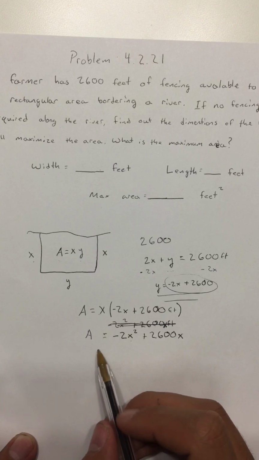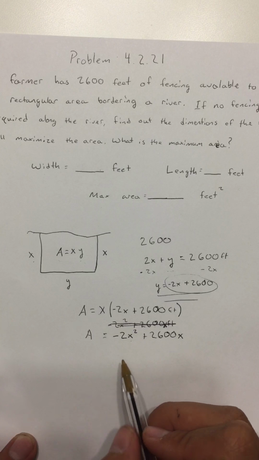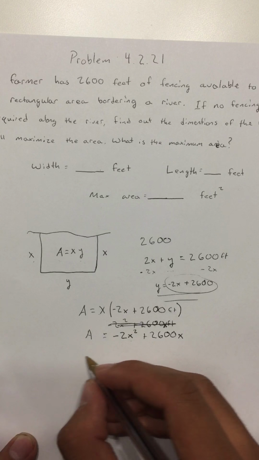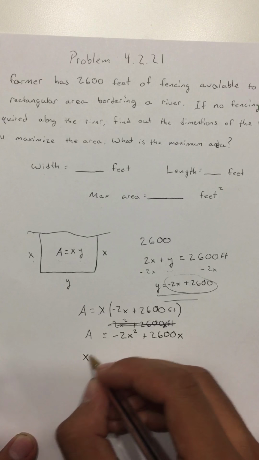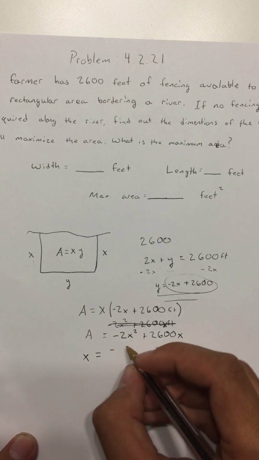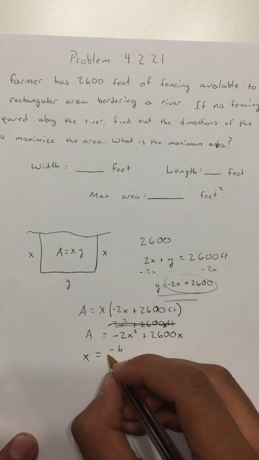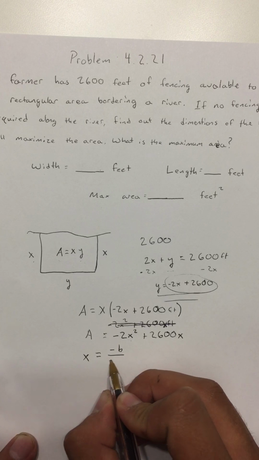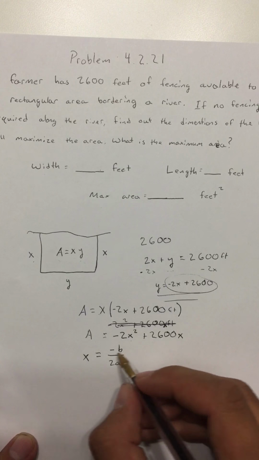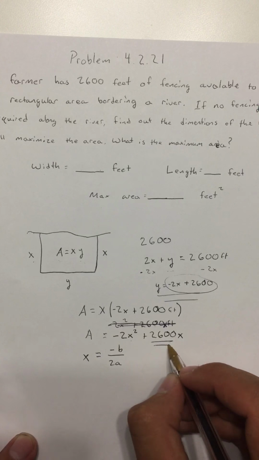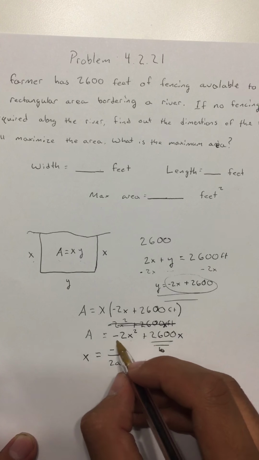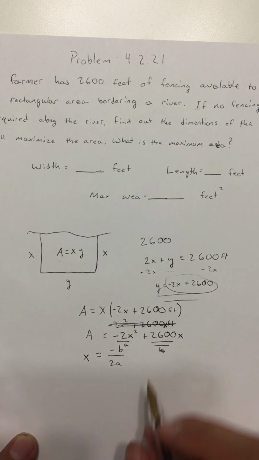Now we can find the maximum area by taking x, and we will use our little maximum formula for the vertex, and that's negative b over 2a. So b is this number, a is this number.